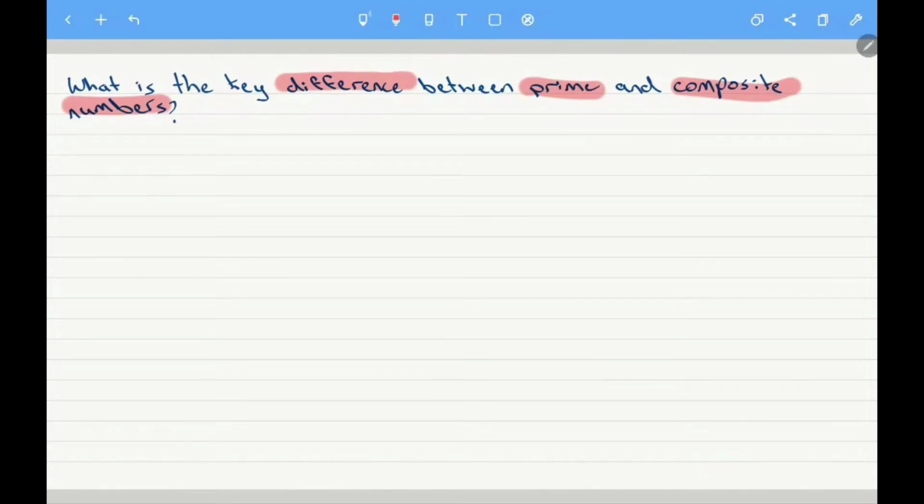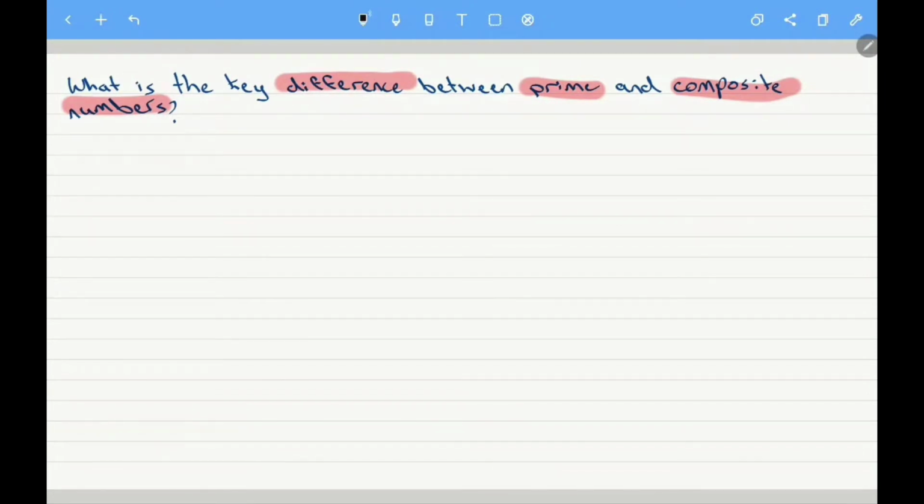These are the three keywords we need to recognize and understand before we can effectively answer these questions. So the first word, difference. This basically means what is non-similar between prime and composite numbers. And as for prime numbers and composite numbers, we are already familiar with what they are, as it was discussed earlier in this video.